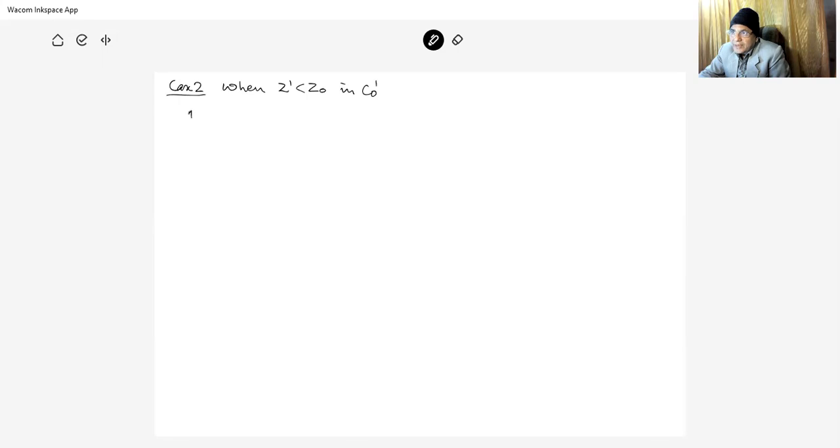We have 1 upon z minus z dash. Here z minus z dash can be expressed as (z minus z0) minus (z dash minus z0). We can have this one.